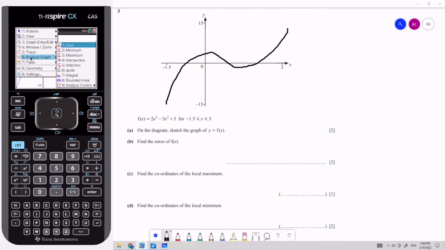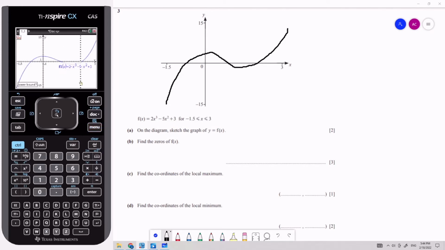And part B asks you to find the zeros of f of x. You can just use the zero function to do that, and then we can see that there are 3 zeros since 3 points touch the x-axis, so we can just do them one by one. The first one will be here. It shows you that it's negative 0.686. So you can write x equals negative 0.686.